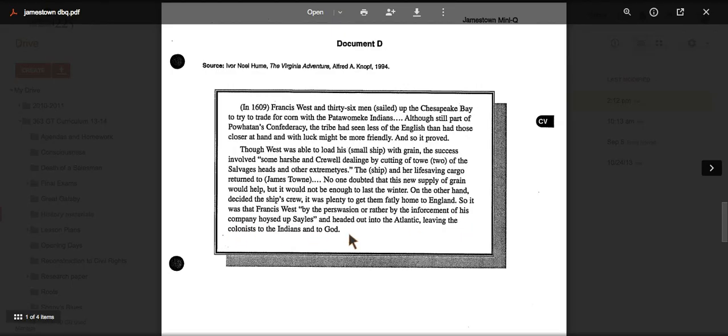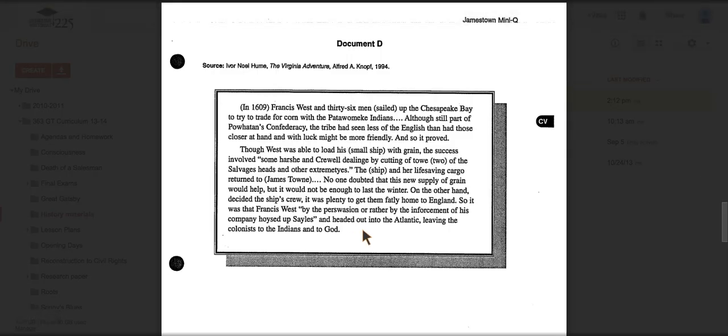All right, Francis West. Interesting character. First of all, he sails up the Chesapeake to try to trade corn with some Indians. We haven't heard of any Indians in the documents, but we know from studying Jamestown that Powhatan was the most powerful Native American chief in the area where the Jamestown settlers settled. He had a confederacy of Native American tribes, and their interaction with the English in this case looks like it was a good one.